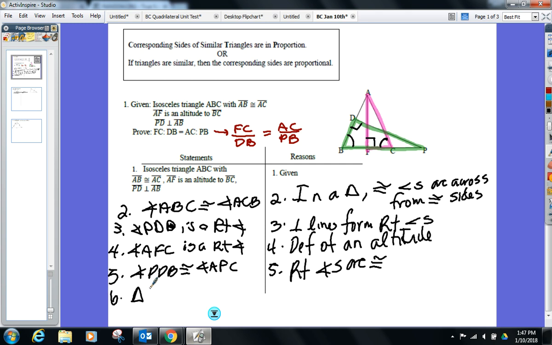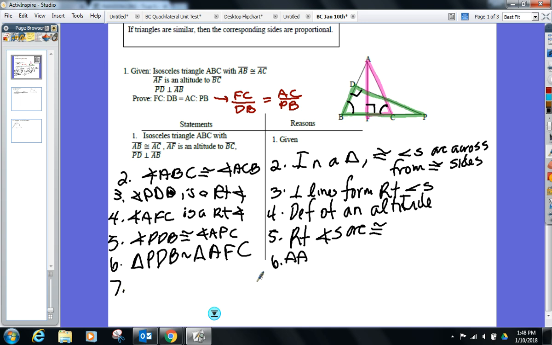I wrote that triangle PDB is similar to triangle AFC. Okay. Looks good. Because of angle. And again, all serious now because Friday points are going to get taken off. Did you write a similar? Did you write the tilde, or did you put the congruent symbol?